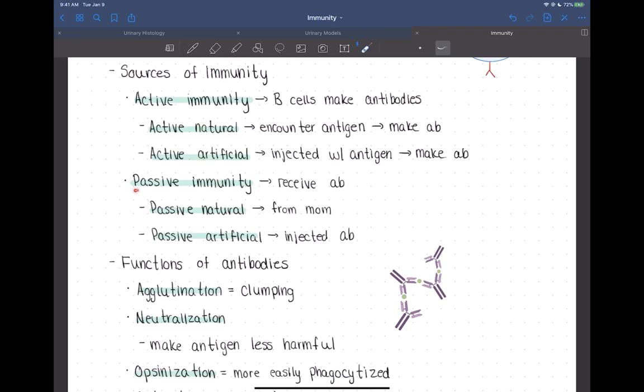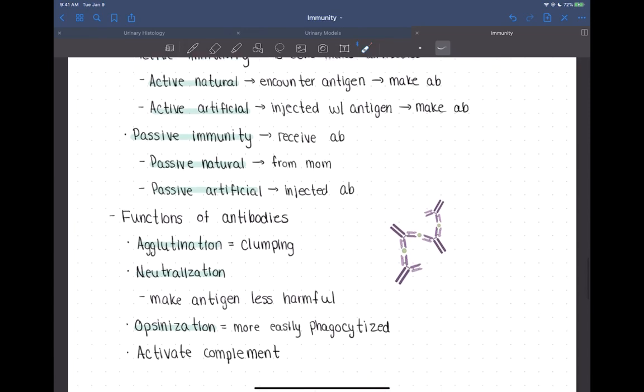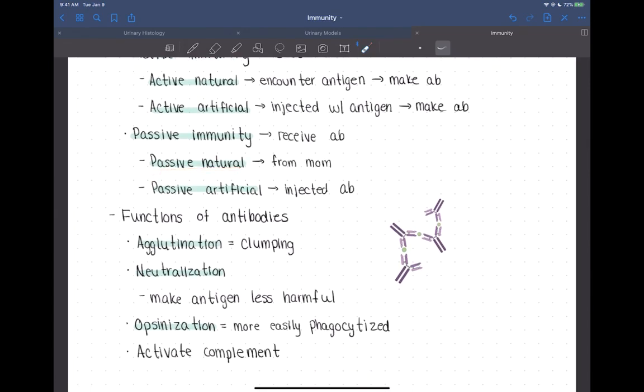And then you can get antibodies passively. So this is where you're going to receive antibodies. So if it's passive natural, that would just be the natural way of receiving antibodies from a mother, right, across the placenta or through breast milk. And then there's passive artificial. So this is where an individual is injected with an antibody.